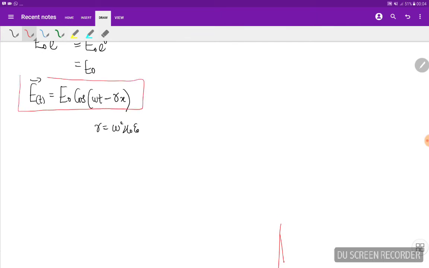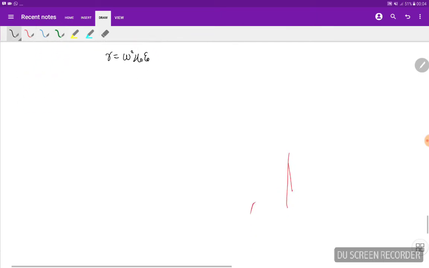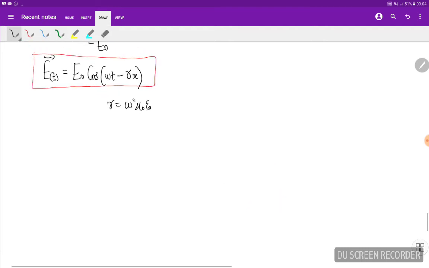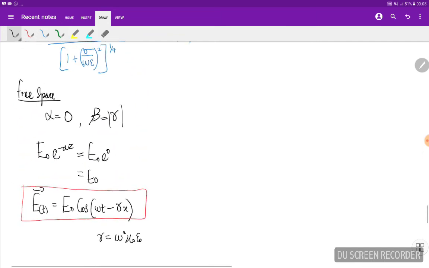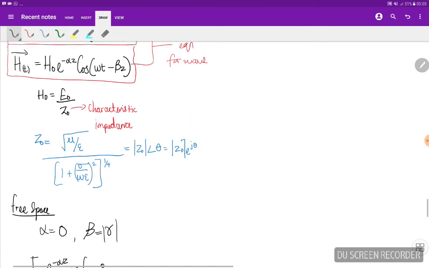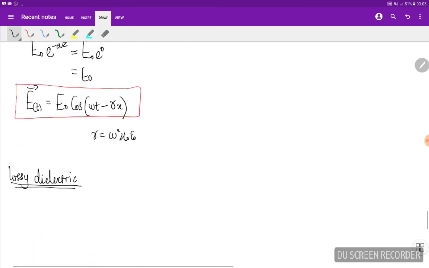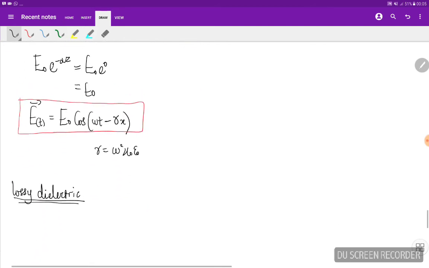But this is our equation for free space. Now for a lossy dielectric, it means your conductivity is barely equal to 0, so alpha has a value, beta has a value, and it's going to be very complex.